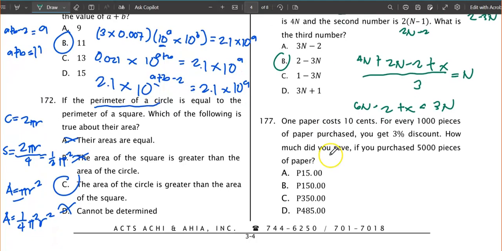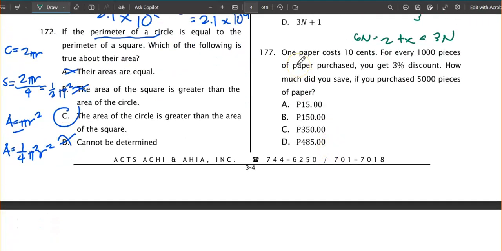Number 177. One paper costs 10 cents. For every 1,000 pieces of paper purchased, you get a 3% discount. How much did you save if you purchase 5,000 pieces? So what is 1,000 times 10 cents? That is 0.10 times 1,000.